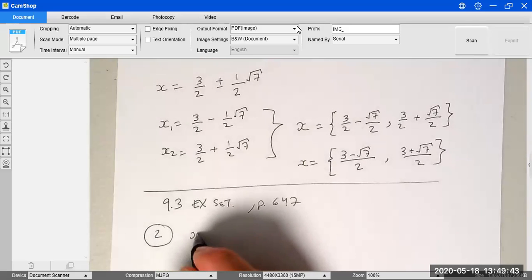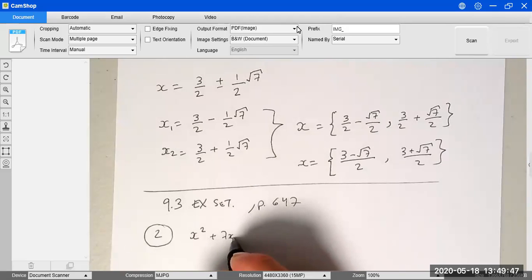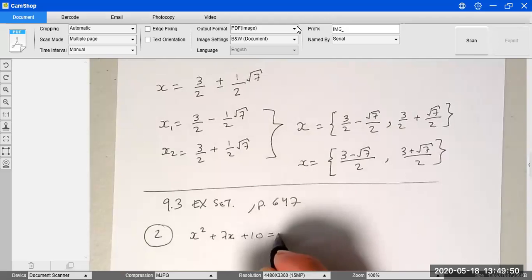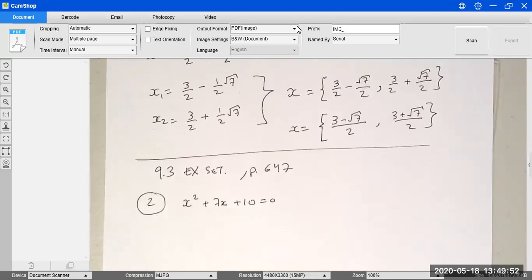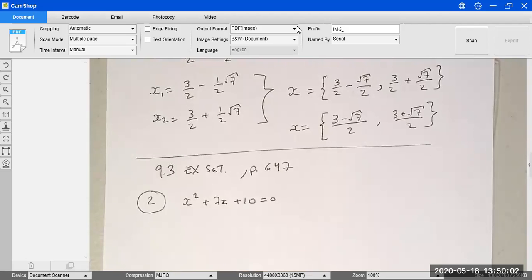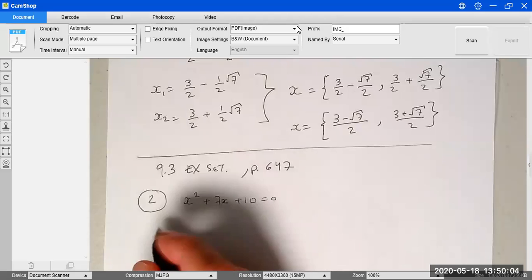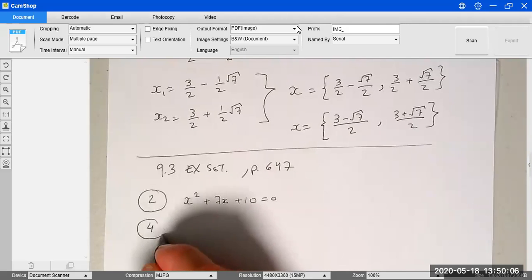So x squared plus 7x plus 10 equal to 0. So in these first exercises, use the quadratic formula. There is a second section that we're going to cover a little bit later, where you're going to use any method to solve the quadratic equation. But for these ones, try to use the quadratic formula.